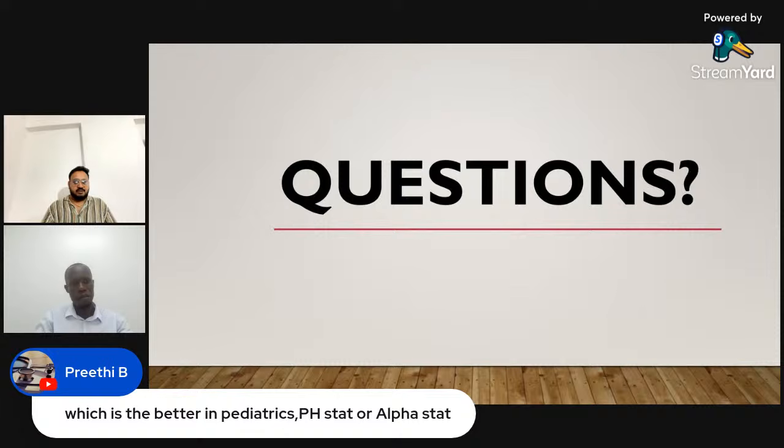So we have one more question: which is better in pediatrics, pH stat or alpha stat? It depends on the case. Remember, I said pH stat is used when you are doing deep circulatory arrest, and you need to allow blood to flow to the brain.